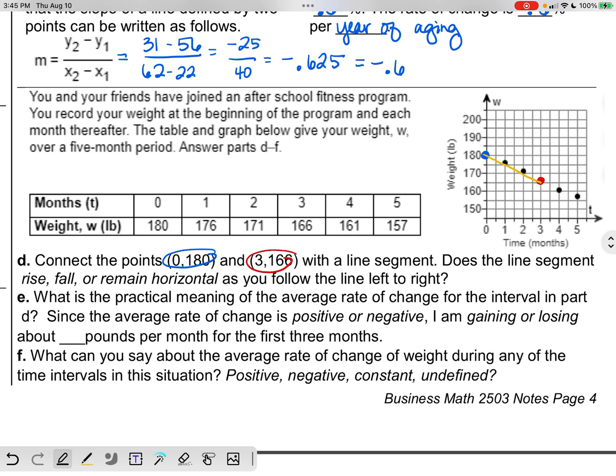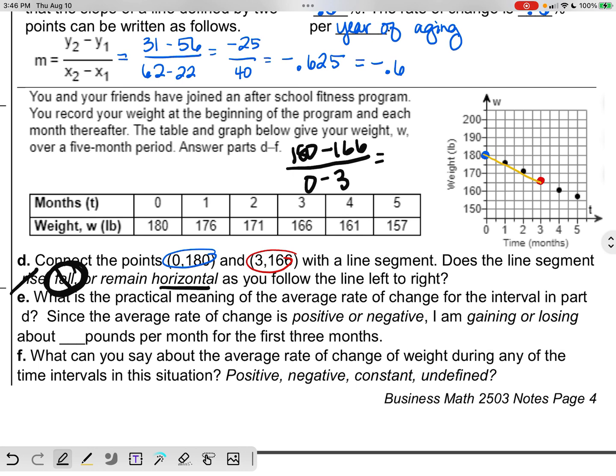All right. So does the line segment rise, meaning it goes upwards, fall, or remain horizontal? Well, ours, as you can tell, it was falling from left to right. What is the practical meaning of the average rate of change for the interval in part D? Okay, so if we actually calculate our interval, we would have to do the 180 subtracting the 166. And then if we go from 0 to 3, we're doing 0 minus 3.